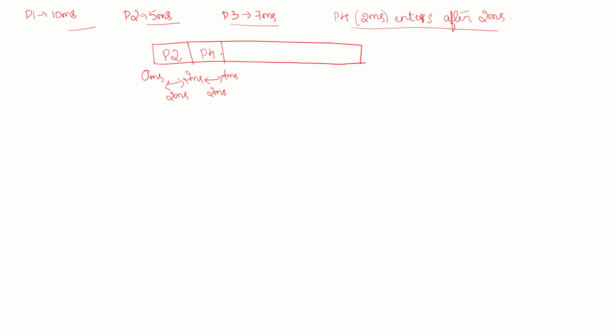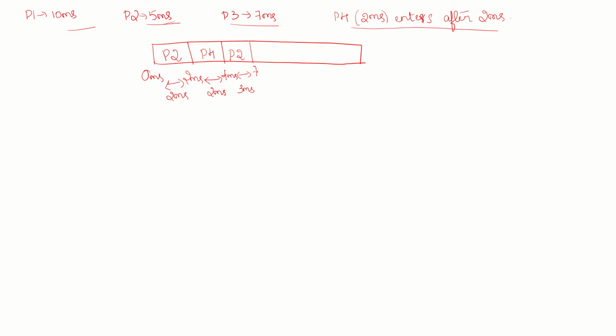Now P4 is done. If you consider P1, P2, P3 again, the shortest job is P2, so P2 will be scheduled. We have to notice its completion time is 5 milliseconds, but it executed for 2 milliseconds at the beginning. So now we can schedule P2 only for 3 milliseconds, and then P2 will be completed.